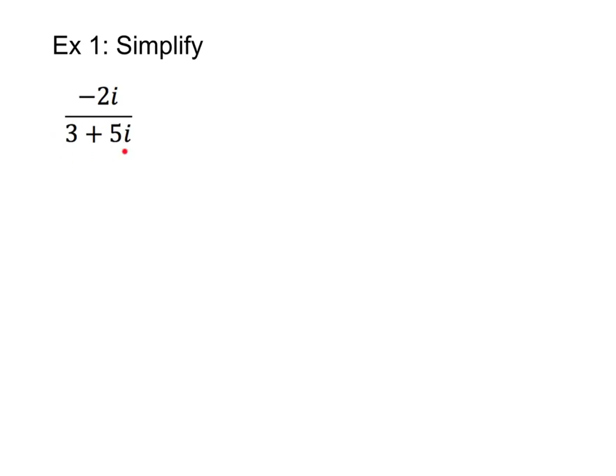So if I want to get rid of the i in this denominator, I need to multiply the bottom by its conjugate. The conjugate of 3 plus 5i would be 3 minus 5i. So I'm going to multiply the bottom by this conjugate.